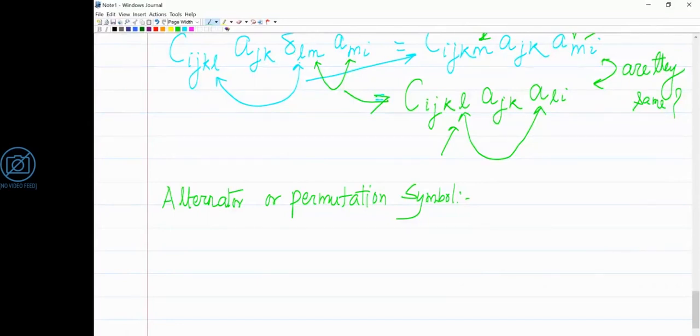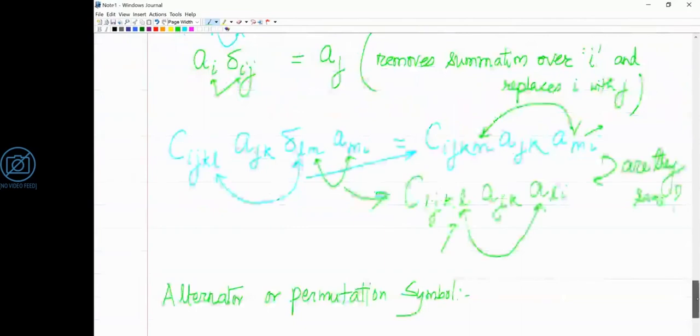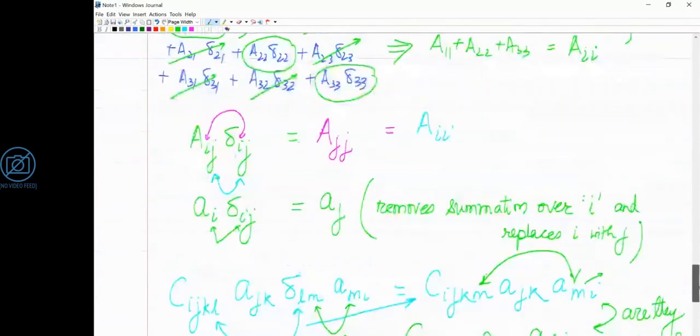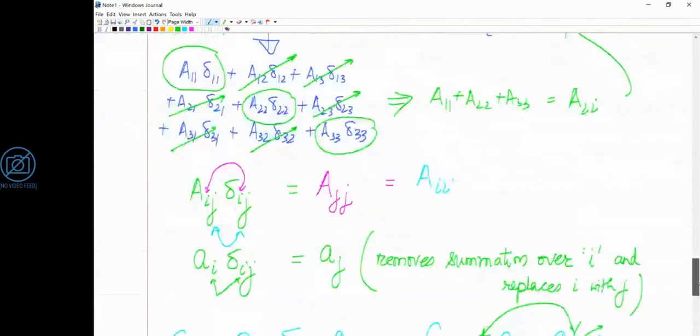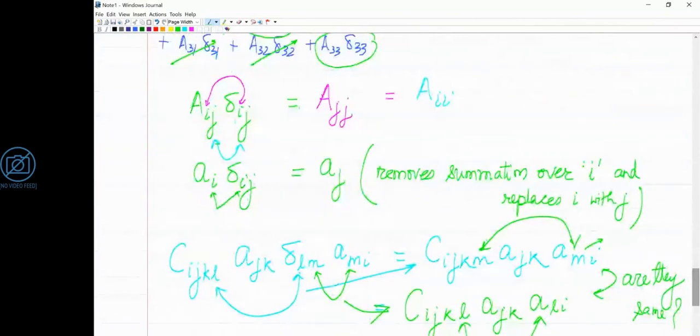Sir, is Kronecker delta used because we are removing the summation sign? Are you saying why do we need Kronecker delta? Yeah, if we don't use Kronecker delta, then we will get 9 terms, but if we use Kronecker delta, we will get 3 terms. Yes.